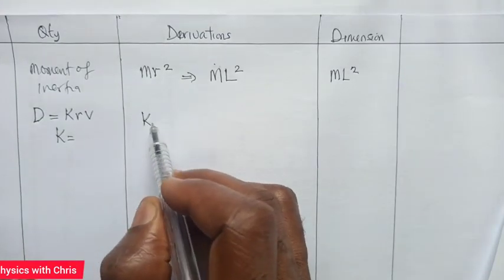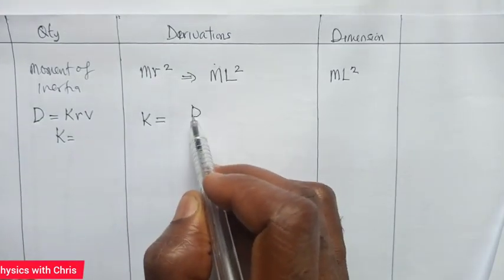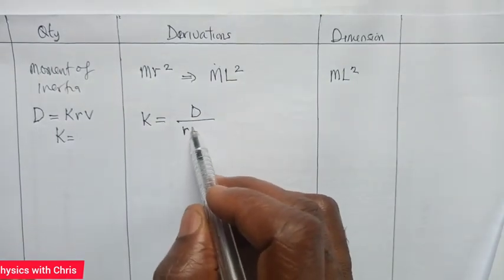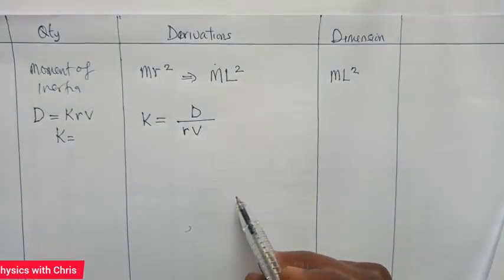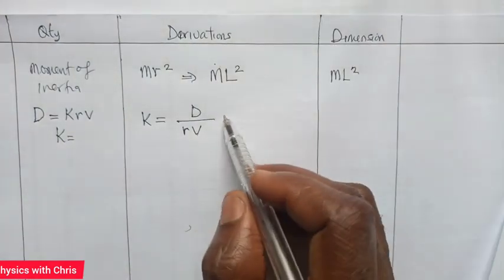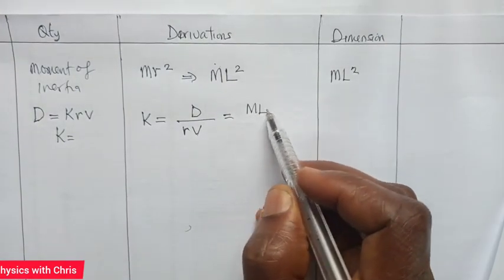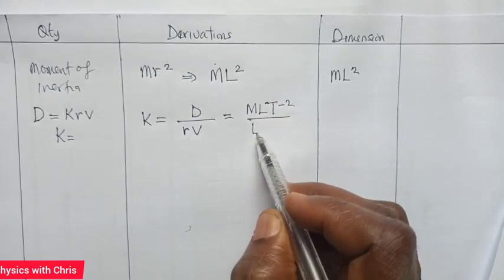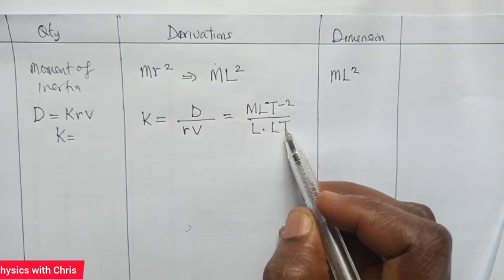So K, making that the subject of the equation, becomes the drag force over the product of the radius of the spherical body and the speed of the body. So the dimension of force is M L T minus 2, divided by the dimension of radius as L and speed L T minus 1.